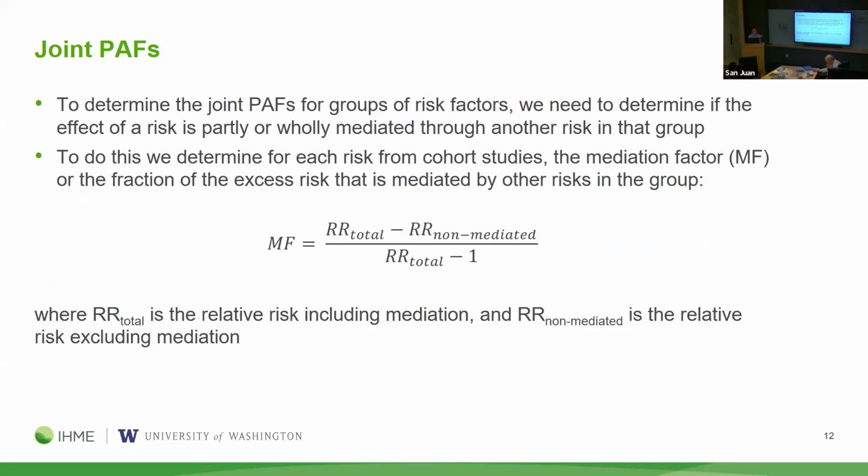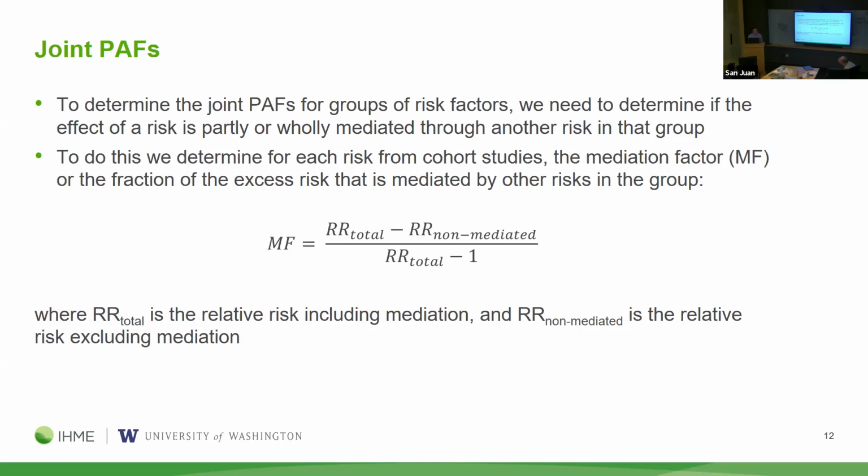So if we're looking at BMI, we would determine the relative risk of BMI not controlling for FPG. That would be the relative risk total here. We could then repeat the analysis controlling for FPG. That would be the relative risk non-mediated part. And then the equation here defines the mediation factor.